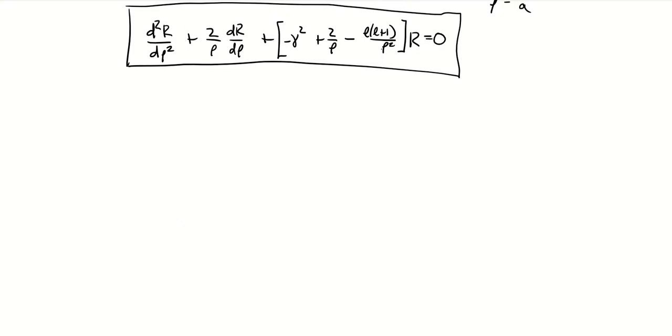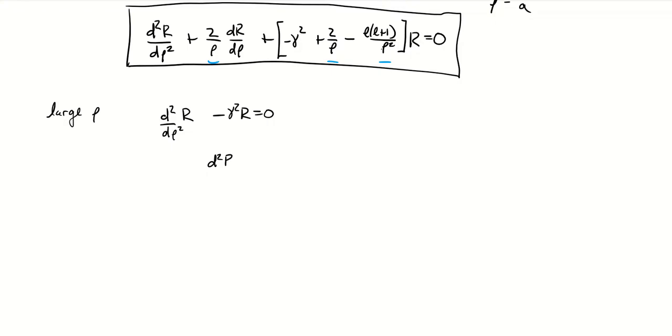One of the things we're going to look at though is some limits. If we go to really large rho, what do we expect? Well, all of these 1 over rho terms and 1 over rho squared terms at large rho are essentially 0, and this differential equation reduces to the second derivative of R with respect to rho minus gamma squared times R equal to 0.